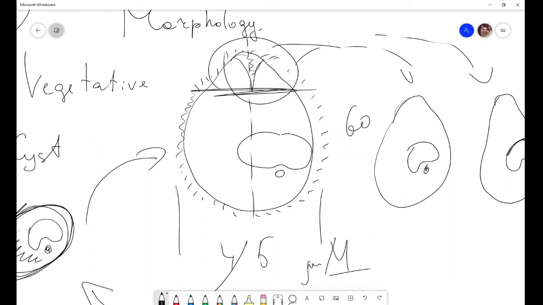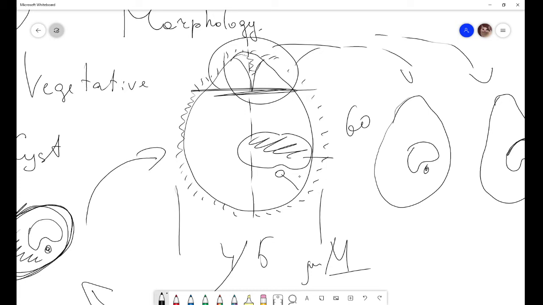The first is a large nucleus, the macronucleus, and the second is a small nucleus, the micronucleus.